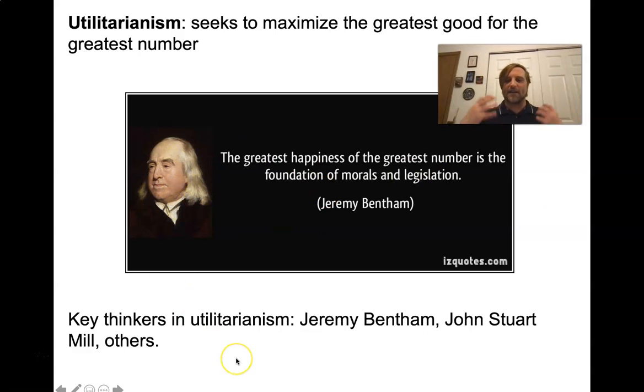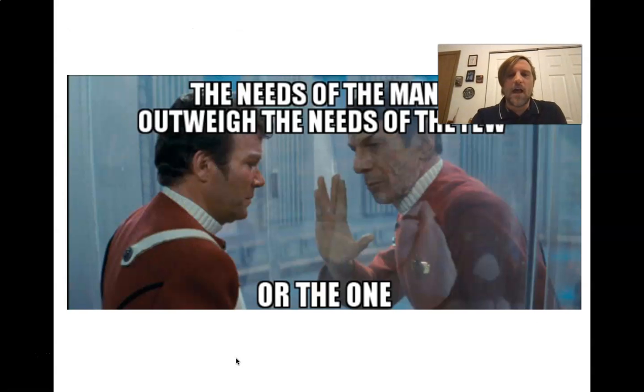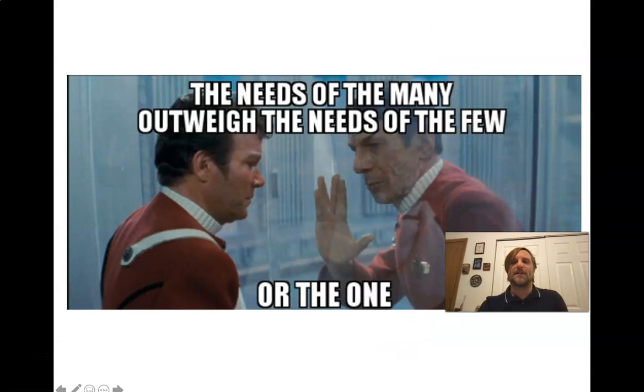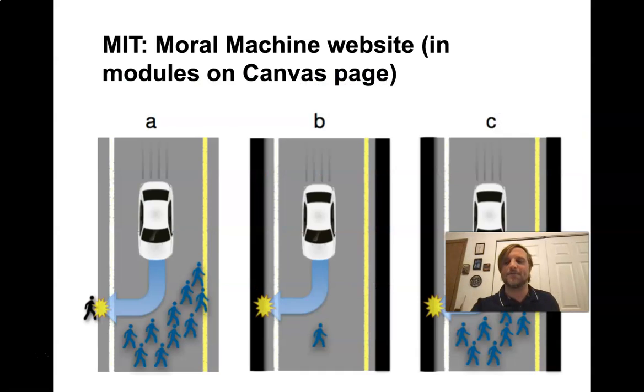Jeremy Bentham was one of the key thinkers in this area. Interestingly, we believe he probably had Asperger's. Utilitarianism was made famous by one of the Star Trek movies: the needs of the many outweigh the needs of the few, or the one. Classic utilitarian logic there.